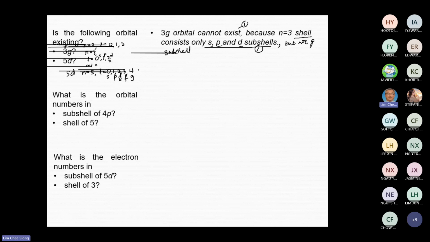So we can write down, yes, 5d exists, because when n equal to 5, the subshells of s, p, d, f, g exist. So this is the way you answer the question. Is it clear? Okay, any question I want to ask here?